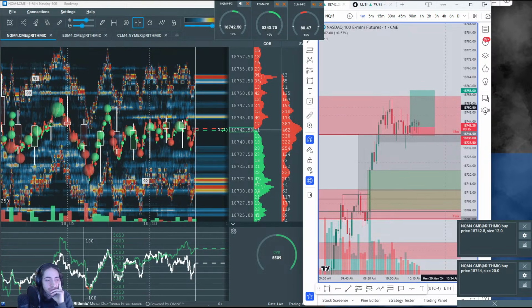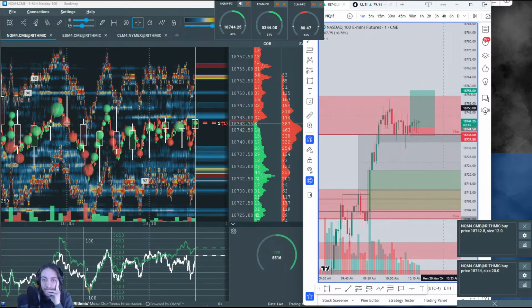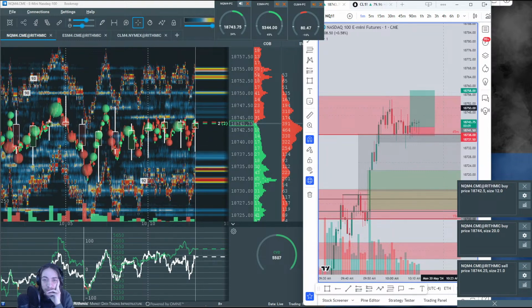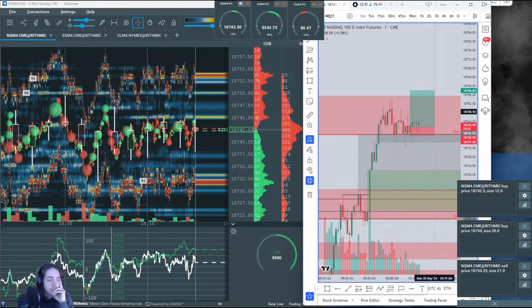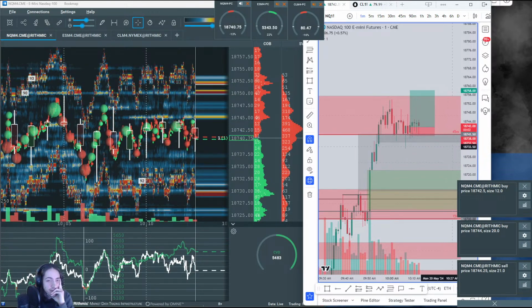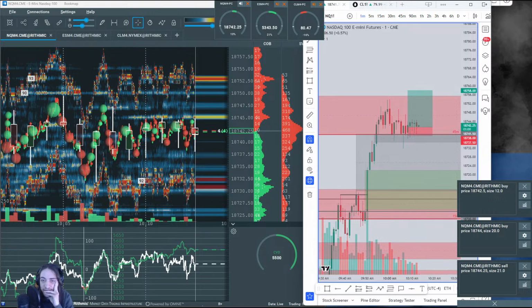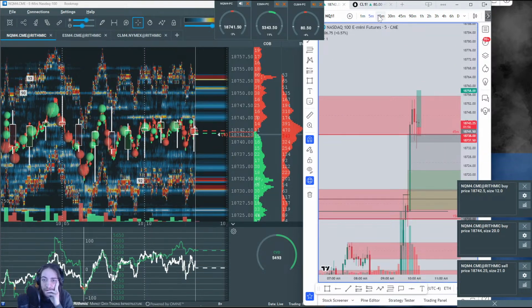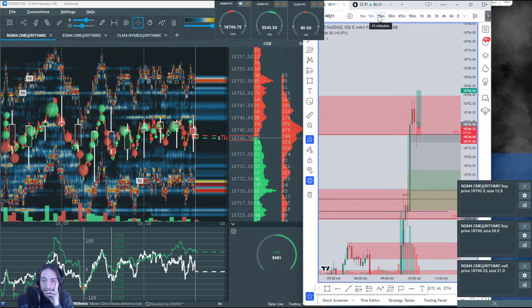I feel like we might go retest 710 if we see a drop, but it's if, then. If this, then this, then this. Hey, 5 minute, wanna go green? No.